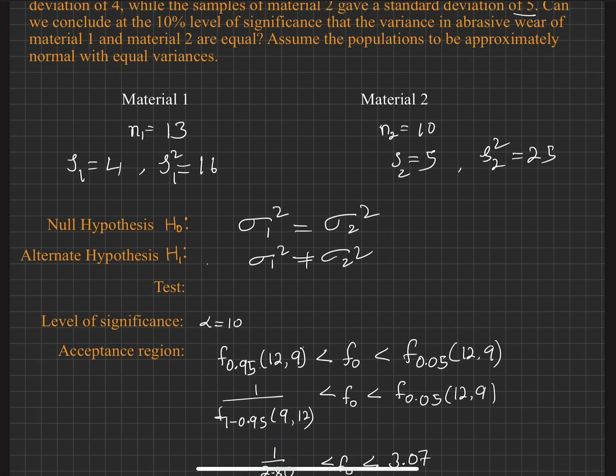Now for the test we need to apply, we are checking the equality of variance, so it is an F test, in particular a two-tailed F test, and alpha is given as 10%, that means 0.1.